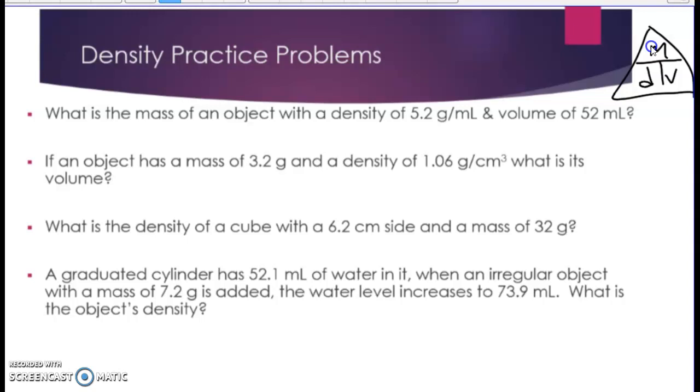For the third one down, you have to know how to find the volume of a cube. Volume of a cube is always length times width times height. For the bottom question, you have to first find how many milliliters it was through subtraction before using the triangle. At this time, please pause the video and try the practice problems.